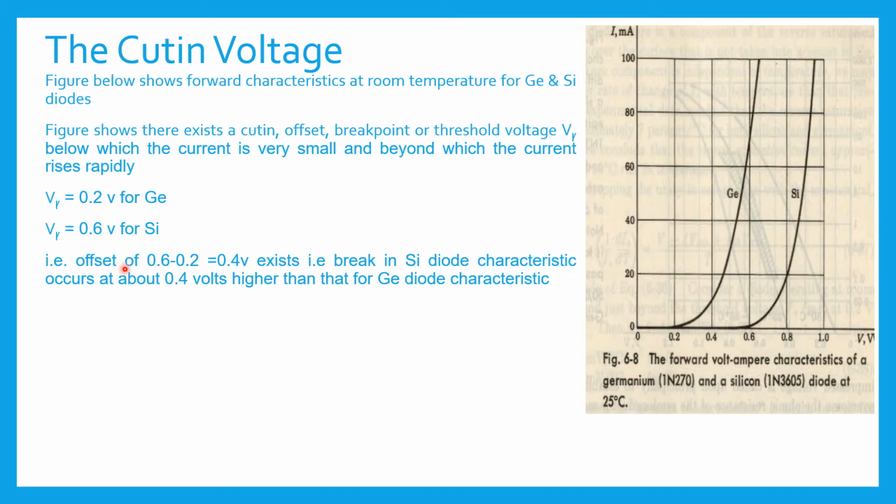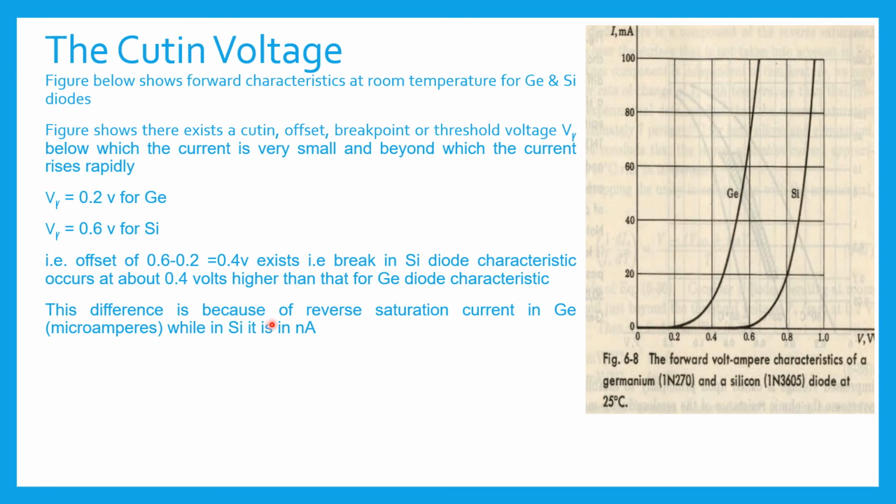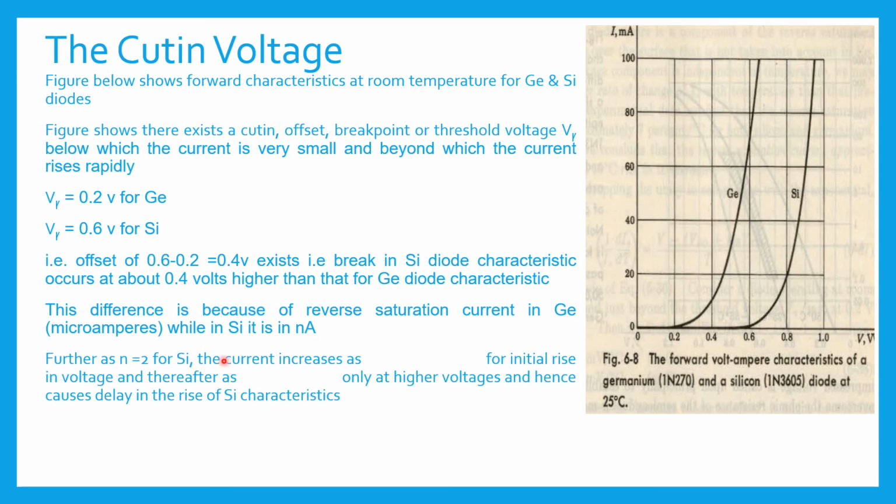That is, the offset of 0.6 minus 0.2 is equal to 0.4 volt exists. That is, a break in the silicon diode characteristic occurs at about 0.4 volts higher than that for the germanium diode characteristic. So this difference is 0.4. This difference is because of the reverse saturation current in germanium, which is in microamperes, while in silicon it is in nanoamperes.